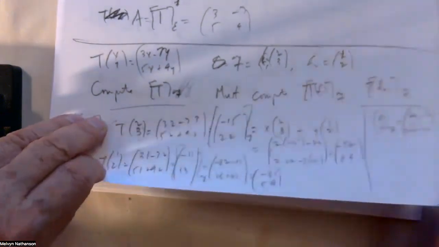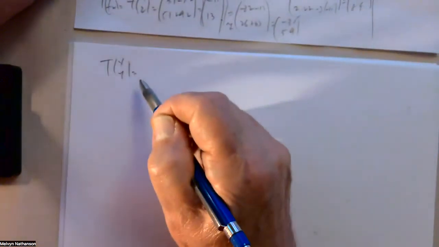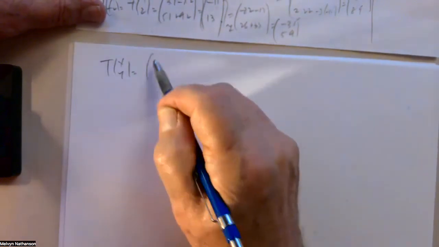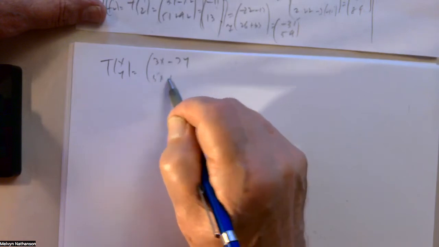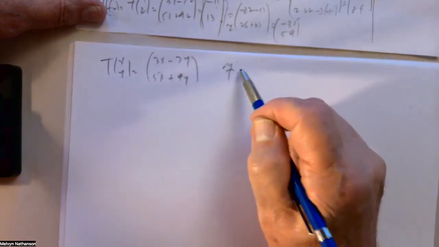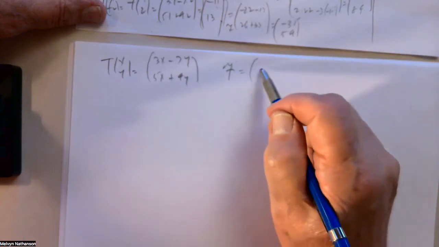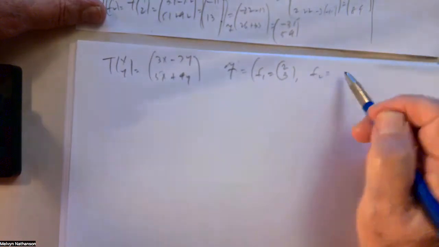So I'm curious about this. We'll see in a minute. I'm going to check. So again, we have T of (x, y) is the linear transformation (3x minus 7y, 5x plus 4y). And my basis f for R2 is f1 is (2, 3), f2 is (1, 2).